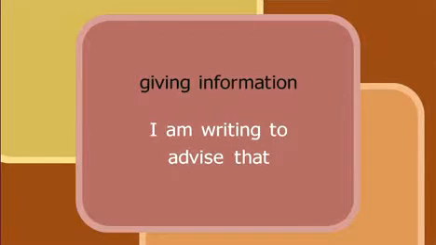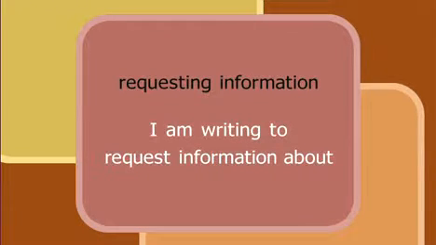Well, we write because we have a purpose. It is important to indicate at the beginning of a letter what its purpose is. Let's consider some examples. If your letter is for giving information, you might start with, I am writing to advise that. Or for requesting information, I am writing to request information about.